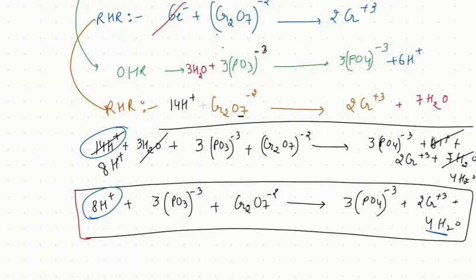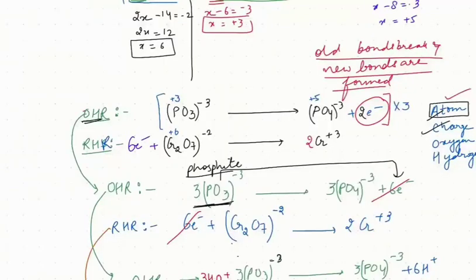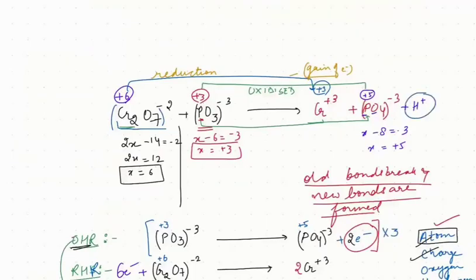I told you that whenever you get this kind of question, they would simply write down H+ on either of the sides. It doesn't matter where the final H+ results, in what side you find the final H+. They might write down H+ on the product side or the reactant side, doesn't matter. Finally, the balanced equation. The purpose of this H+ is just to tell you that the equation has to be balanced in the acidic medium.